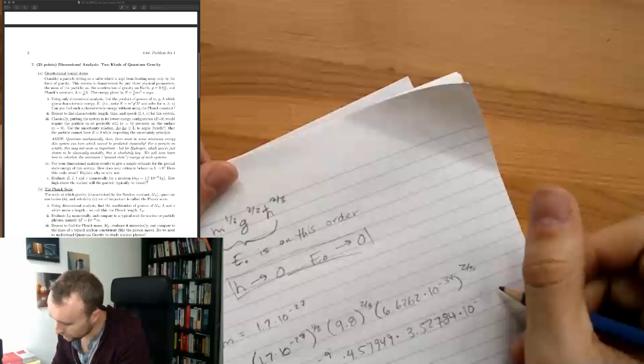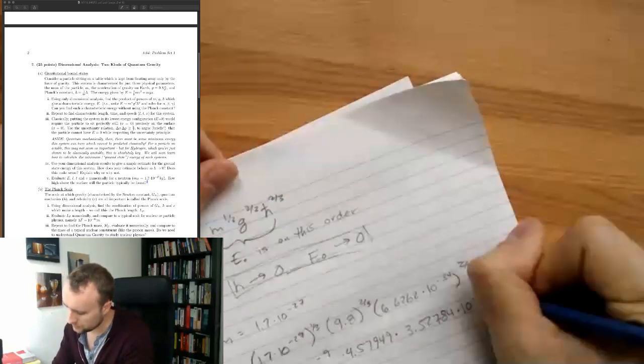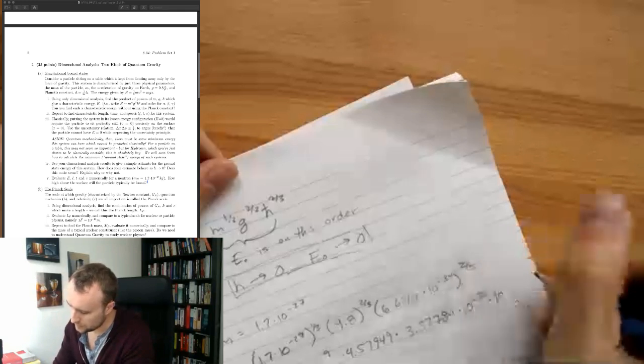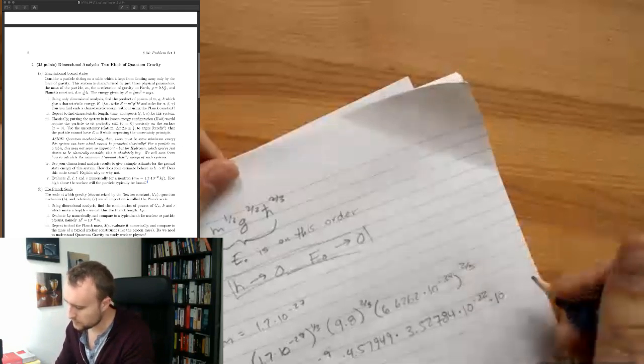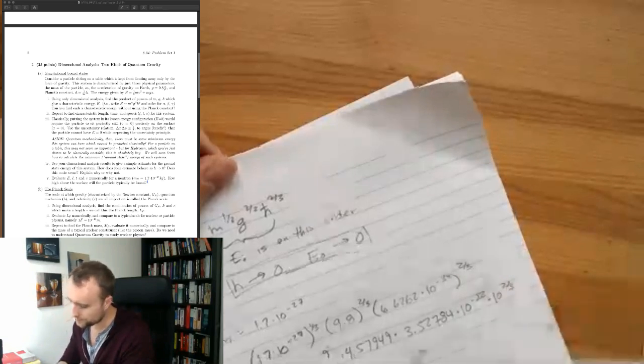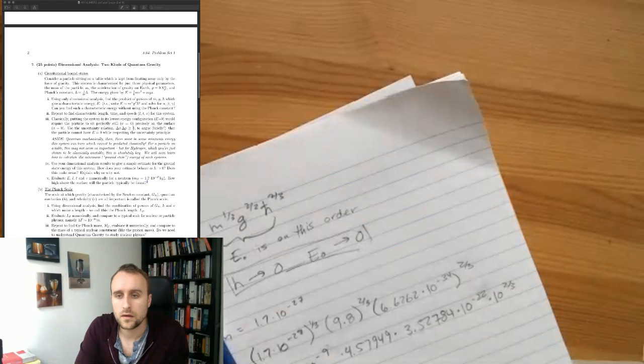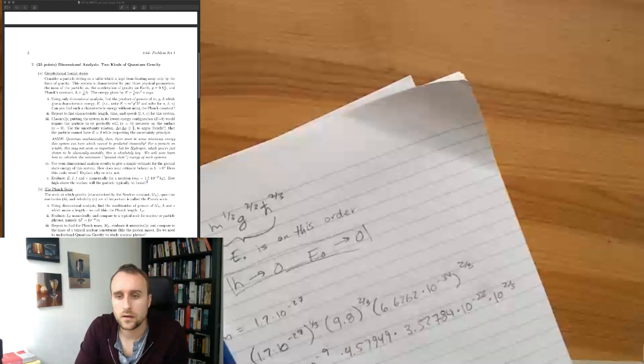So we have 10 to the negative 22 times 10 to the 2/3. So I'll just multiply that one out. What's going on here?